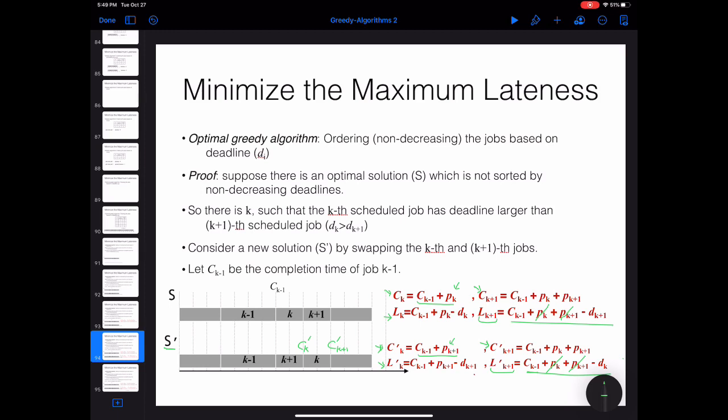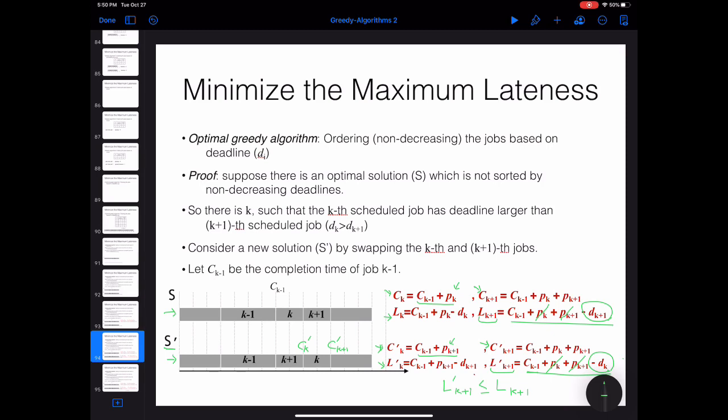By comparing the latency of the K plus 1 job in the original solution and in this new solution, I can say that yes, L prime, the latency of the K plus 1 job, is going to be less than or equal to the latency of the K plus 1 job in the original. And the reason is that DK is greater than DK plus 1.